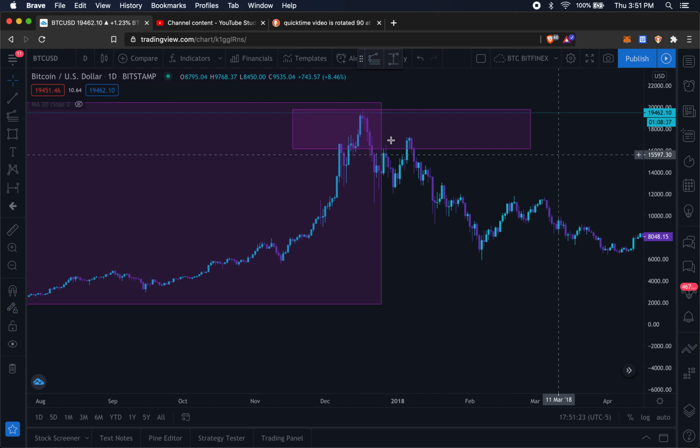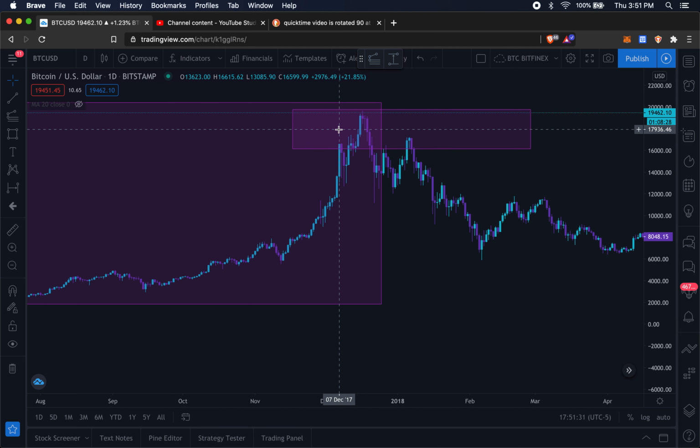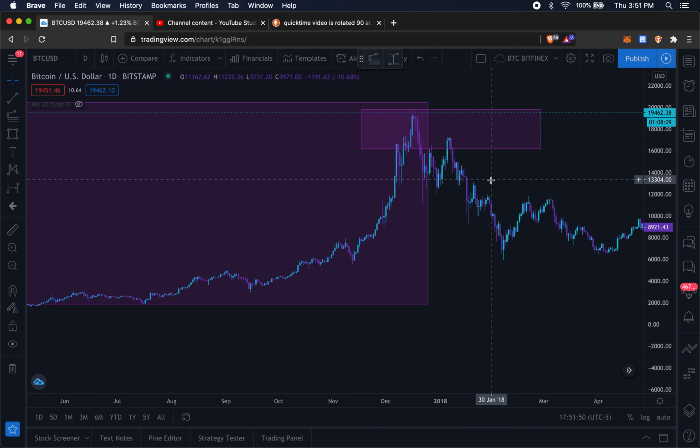If you wanted to sell anywhere between 16 and 17, maybe up into 18, you had, let's see, from December 7th to January 7th, about a month where you still could have gotten out fairly high into the distribution range, although we did dip down a lot in between those dates. So that's the distribution zone.